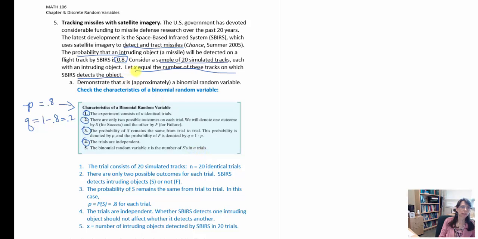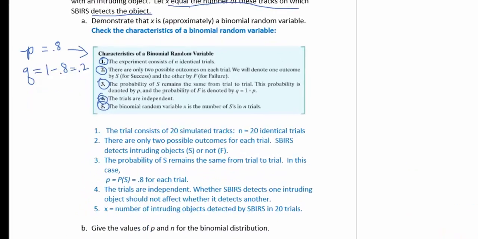So our last statement says that X equals the number of tracks on which SBIRS detects the object. So we know that we've got our 20 trials, and X is going to be the number of these trials in which we detect an object. So we've met all 5 criteria. So we can go on to part B to answer a few questions about these missiles that are being tracked.